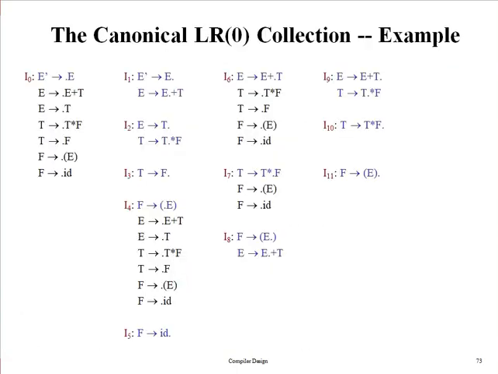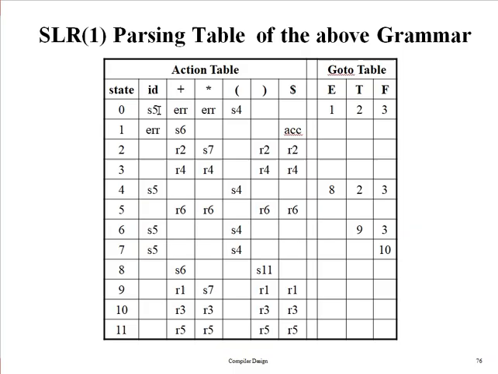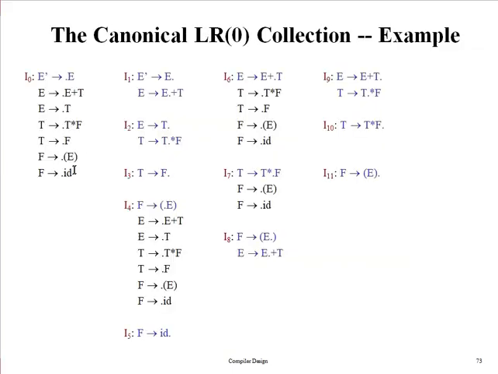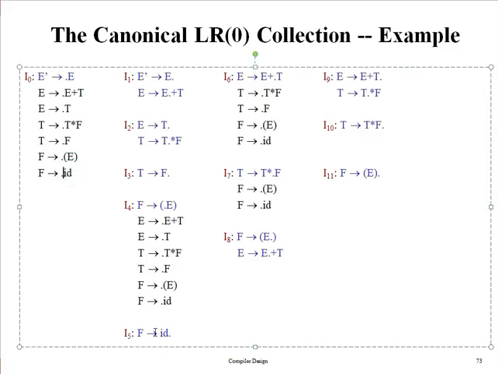For example, S5 is added under the id column because in item I0 we have id after the dot, and I5 is generated from I0 by applying the go-to operation and shifting the dot after id. So that's why it is shift 5.